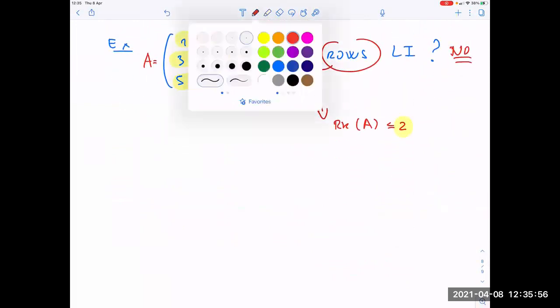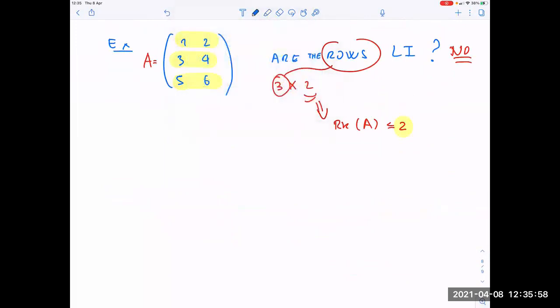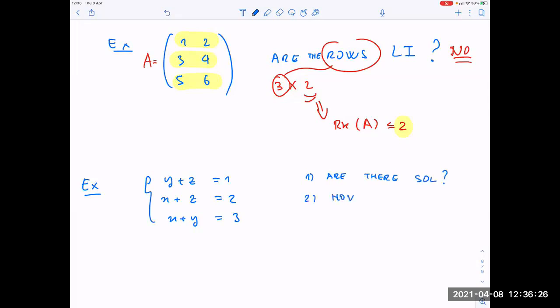Okay, now let's talk about linear systems of equations, just one easy one, say this one, and x plus y equals 3. So we want to do the following. One, answer the question, are there solutions? Yes or no. Second, how many?